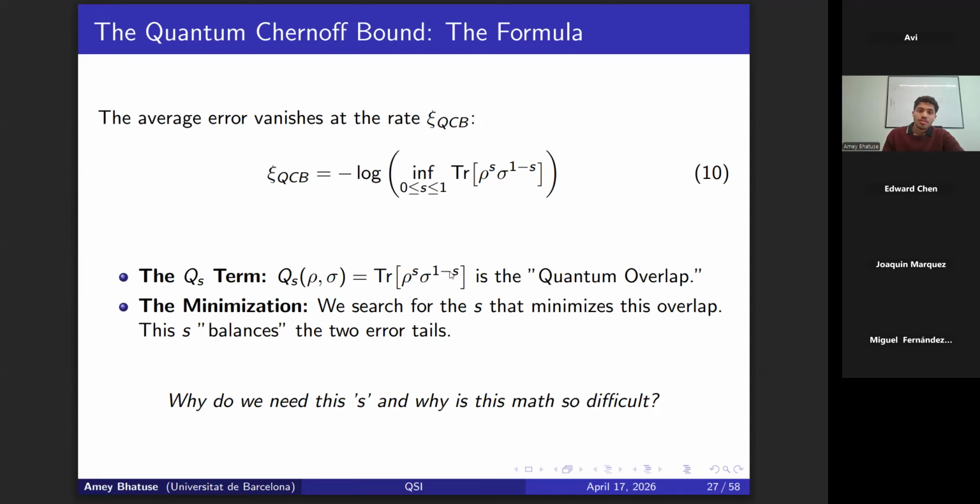So we want to find the s such that this overlap is minimized. Basically, s is the constant that balances the two errors, type 1 and type 2. So why do we need this s, and why is this math so difficult?